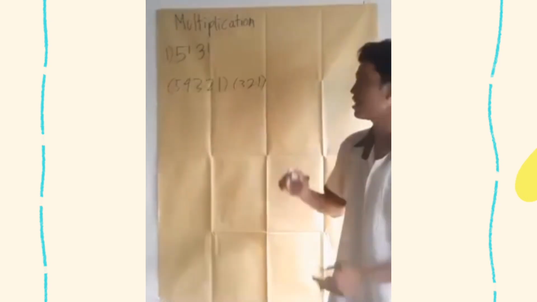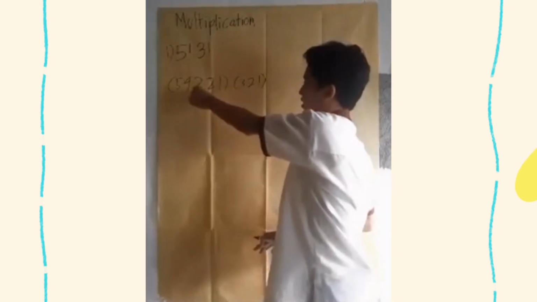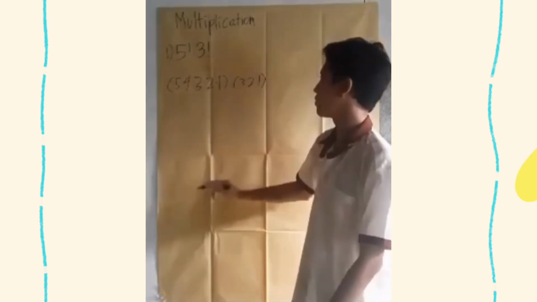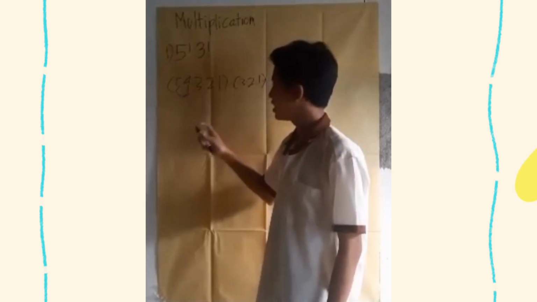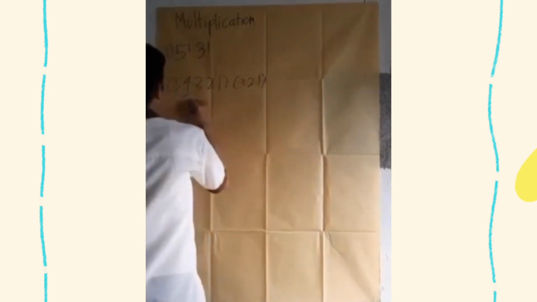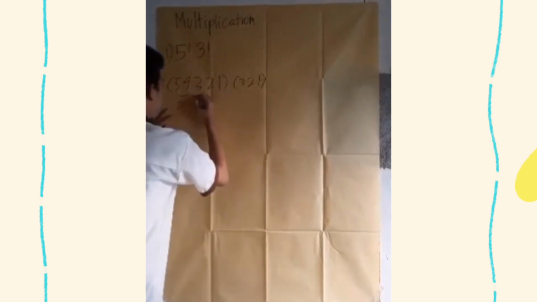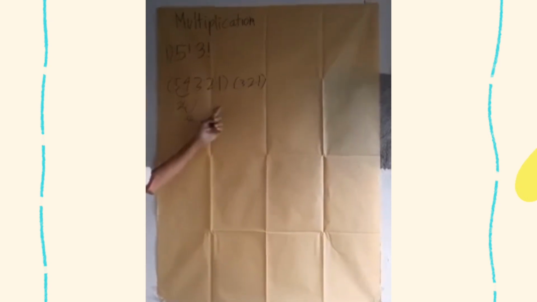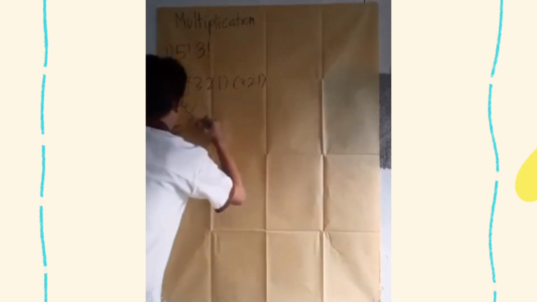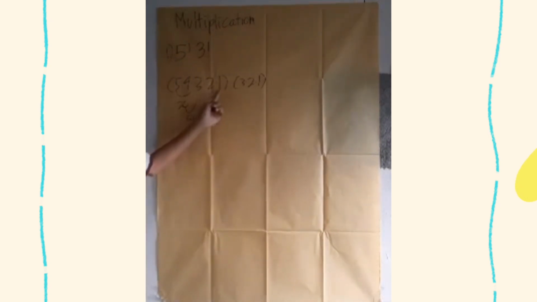Next ay ipagta-times natin ang nasa loob ng mga parentheses. Unahin natin ang 5 factorial. 5 times 4 is 20. 20 times 3 is 60. 60 times 2 is 120. Hindi na natin ito ita-times sa 1 dahil parehas lang ang lalabasan nito.